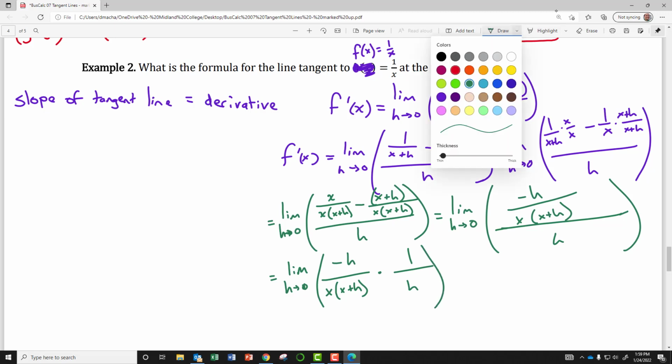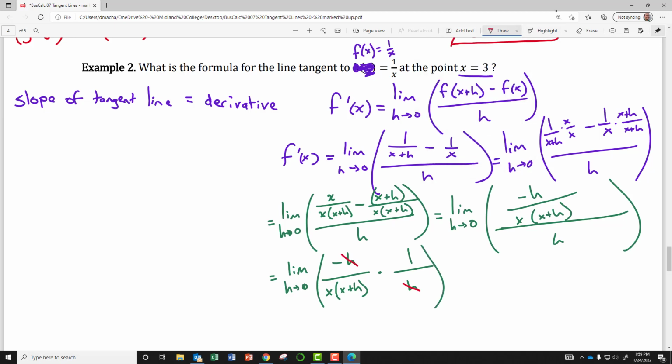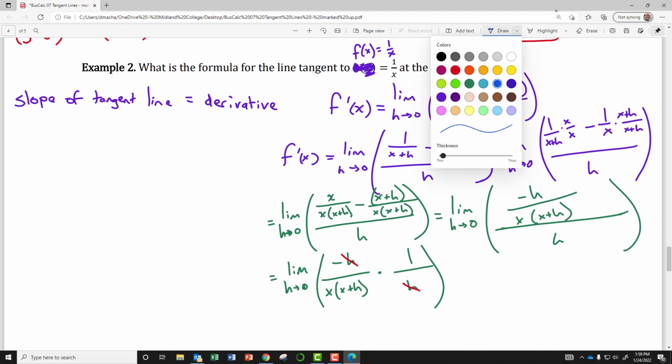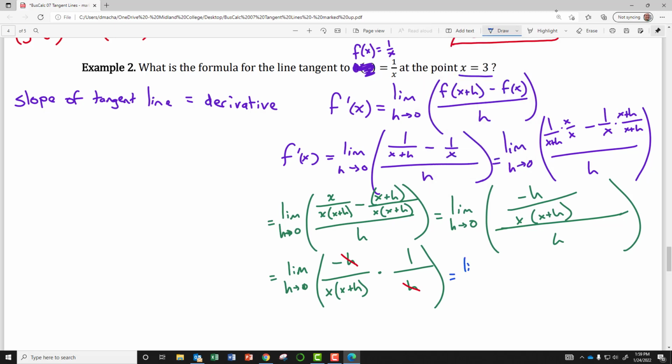Now you can see I have an h in my numerator and an h in my denominator, so we can get rid of those. This simplifies it quite a bit to the limit as h approaches 0 of negative 1 in the numerator over, multiplying this denominator out, x squared plus hx.